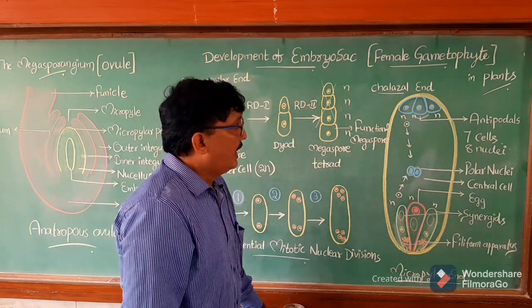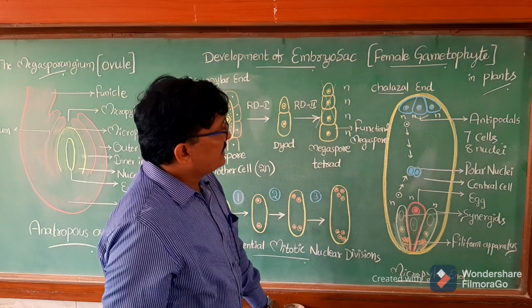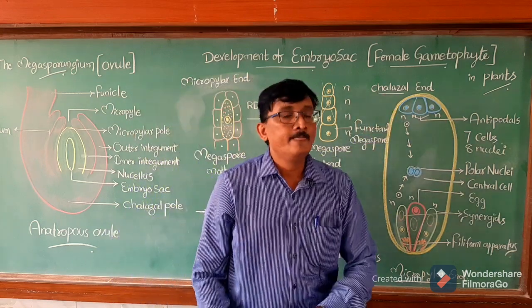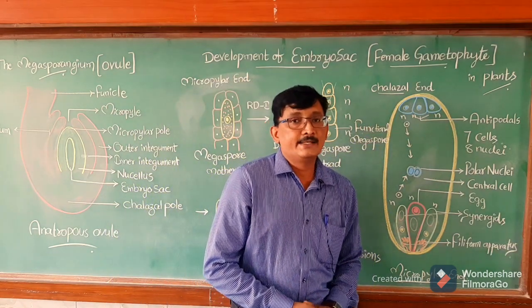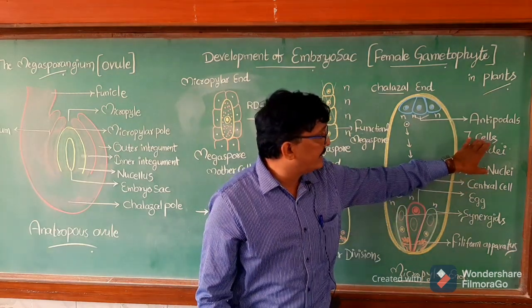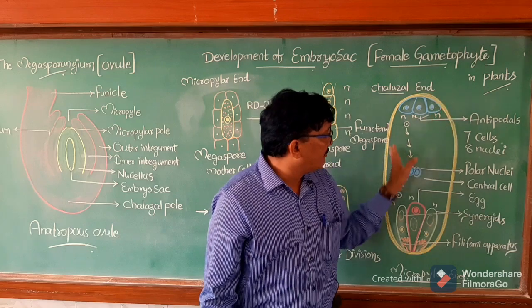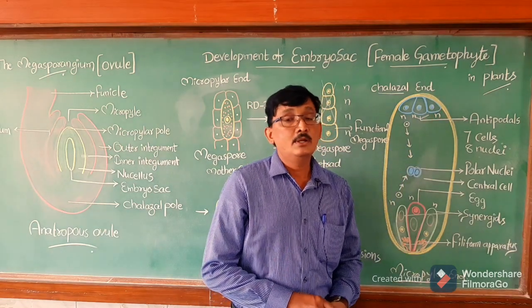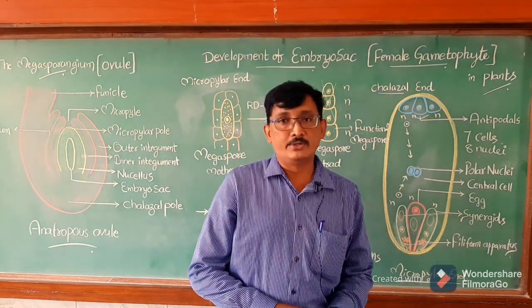This embryo sac was first noticed in a plant called Polygonum divaricatum. That is why this 7-celled, 8-nucleated embryo sac is also called the Polygonum type of embryo sac.